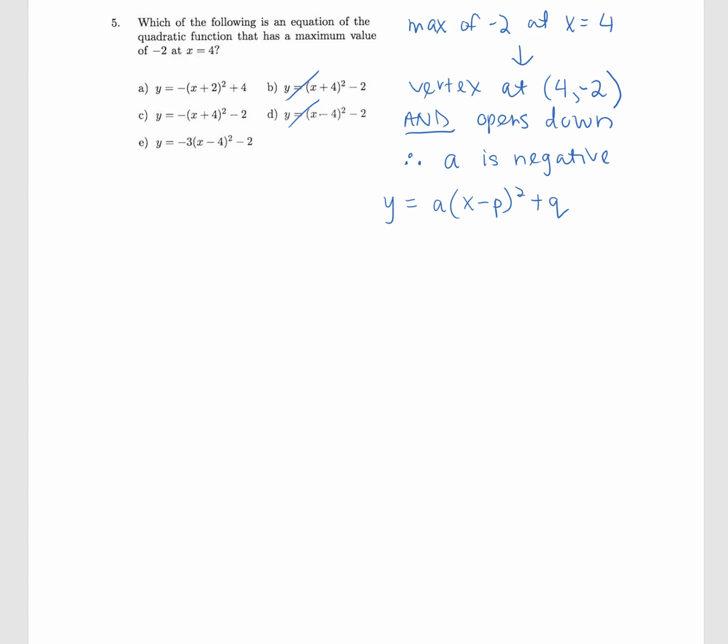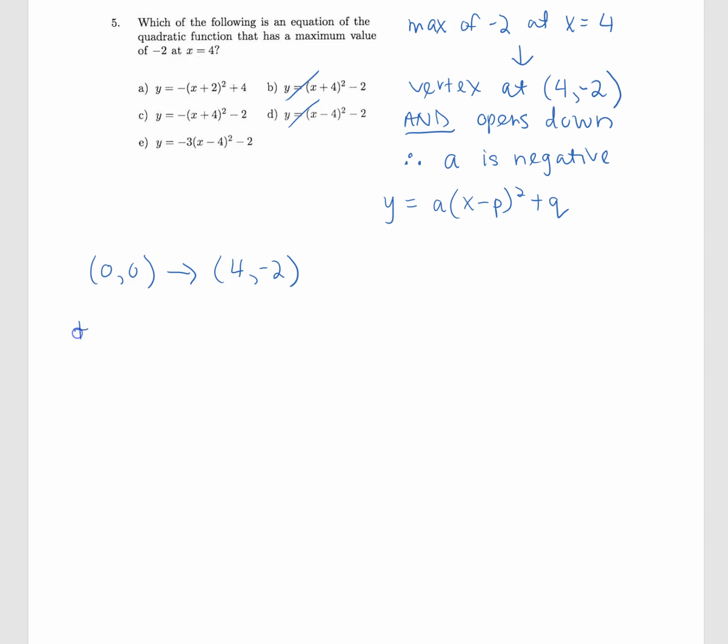So next thing we want to do is see how this vertex has shifted in our case. So if we imagine that the normal vertex of the quadratic function y equals x squared is at (0, 0), we've shifted in this case to (4, -2).